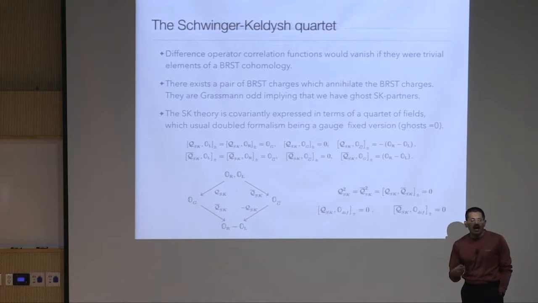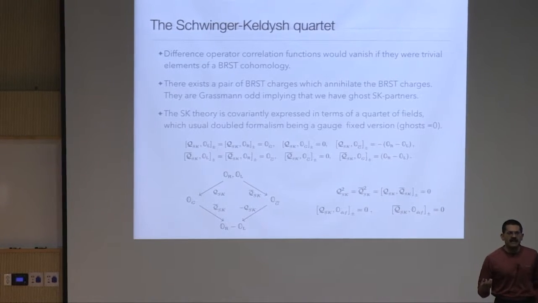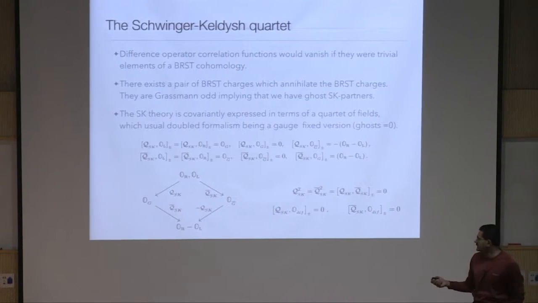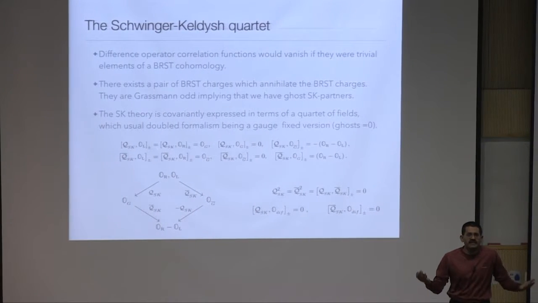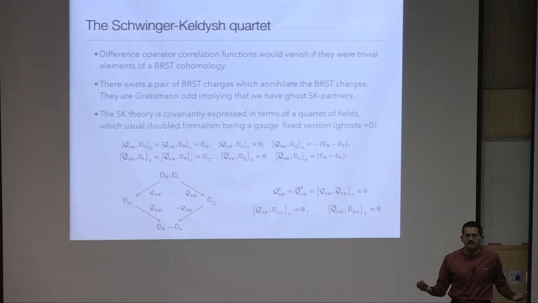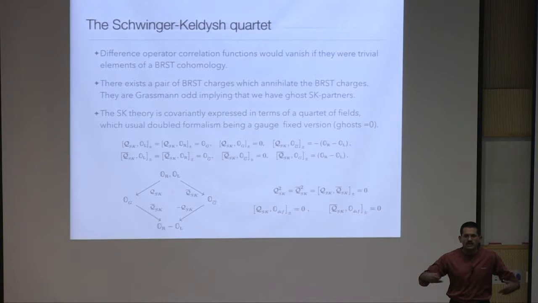So at some level it seems like I'm doing too much, because I have only one physical theory, one set of operator algebras. In implementing the Schwinger-Keldysh construction, I already doubled my operator algebra by giving them labels left and right. Now I'm telling you, don't stop there. Take the operator algebra and associate with every operator a Grassmann partner with ghost number +1, and a Grassmann partner with ghost number -1, and give them labels.